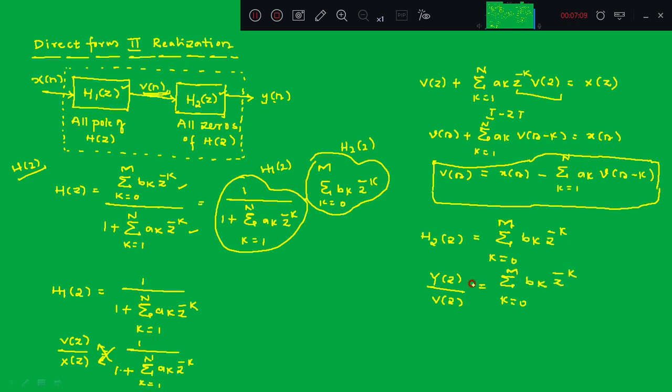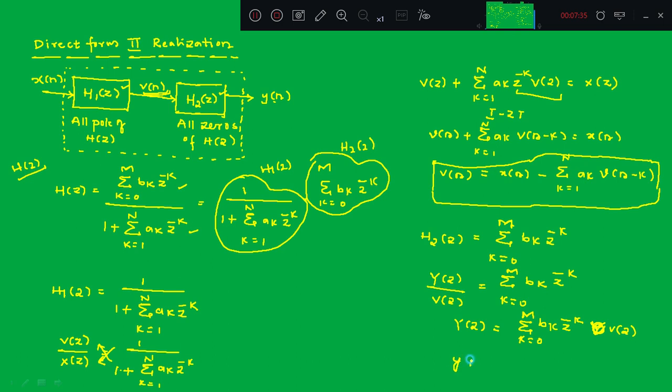Next step, take the cross multiplication. So Y of z is equal to summation k equals 0 to m of bk z raised to minus k into P of z. Therefore, take the inverse Z transform.